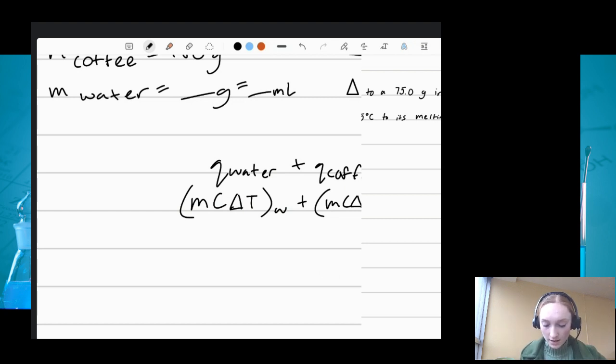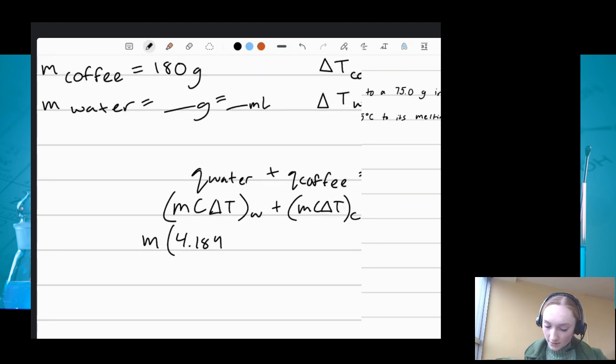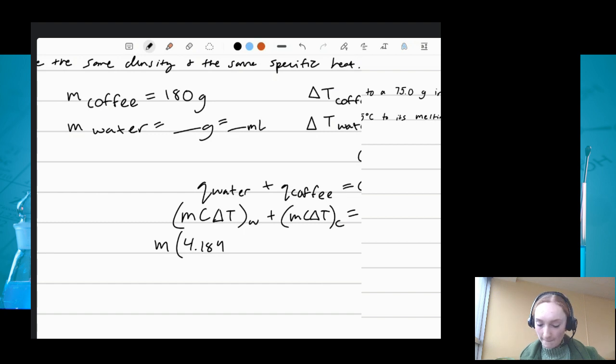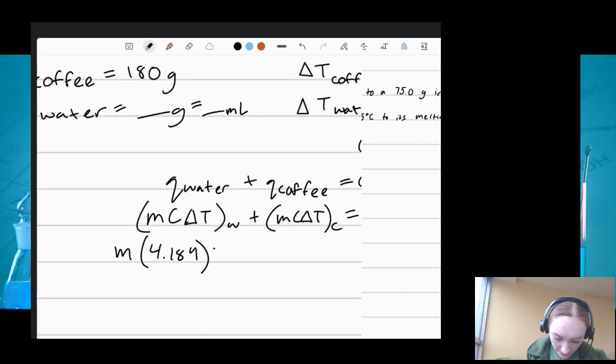And so let's put in all these values. Q of water we are solving for. So that'll be M, and then C, the C value is what we're given as the 4.184 as we wrote down earlier, times the 37, which is the difference in temperature. So 37, and that's plus the M value, so that's 180, this is of coffee, times the C, 4.184. I'm going to move this to the left a little bit.